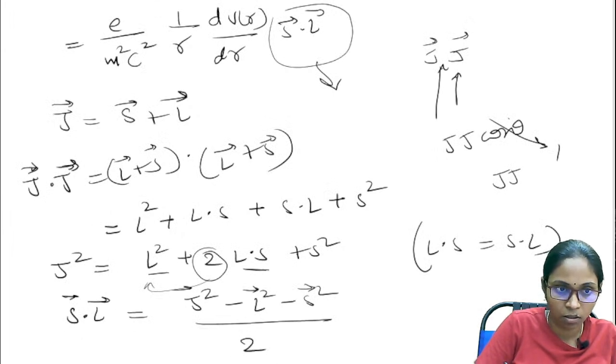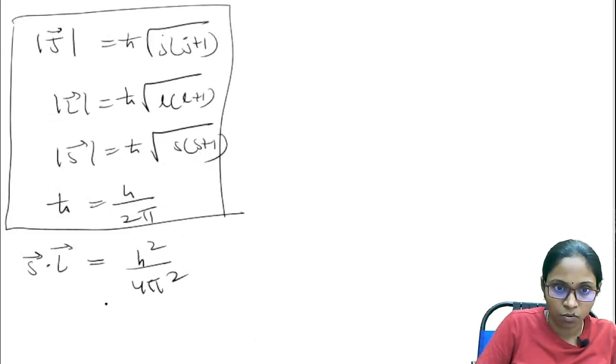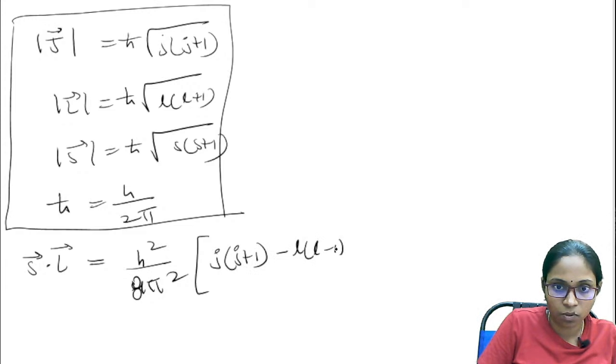Taking that outside, we get J into J plus 1 minus L into L plus 1 minus S into S plus 1, right?